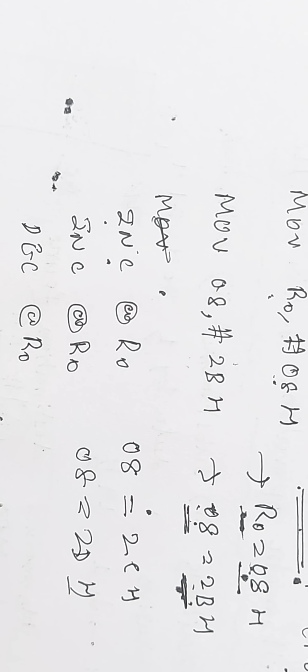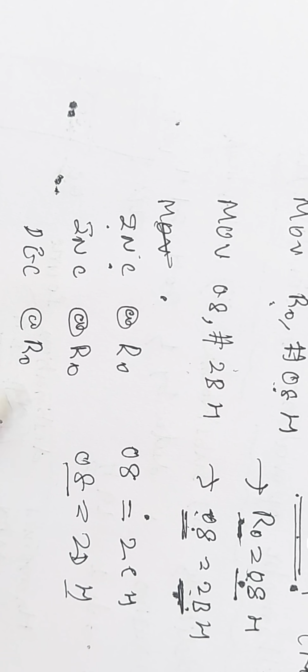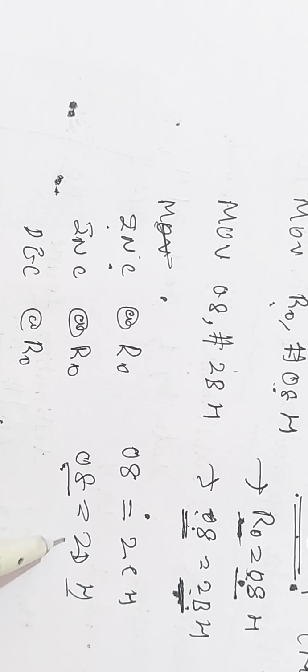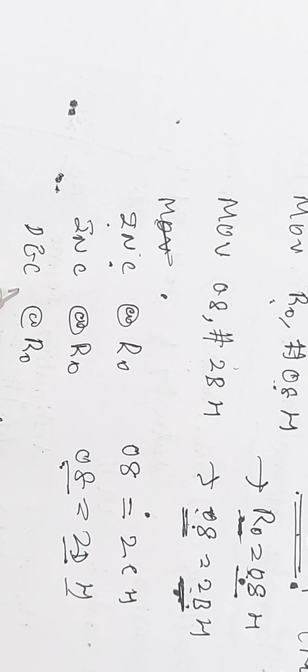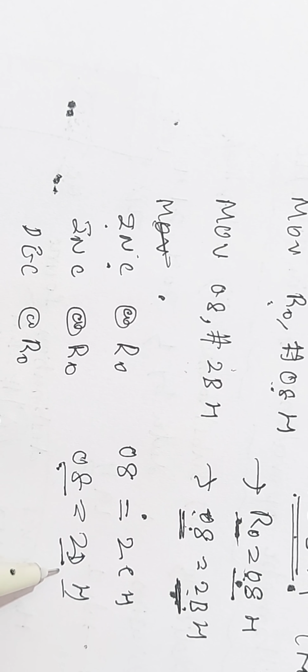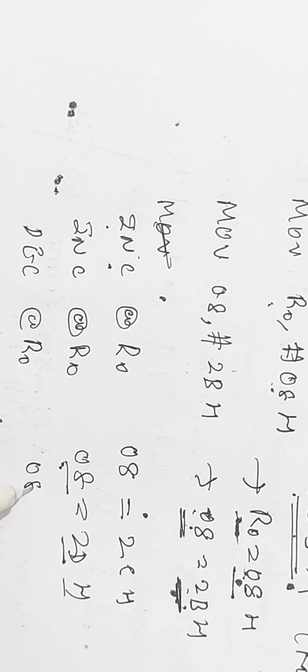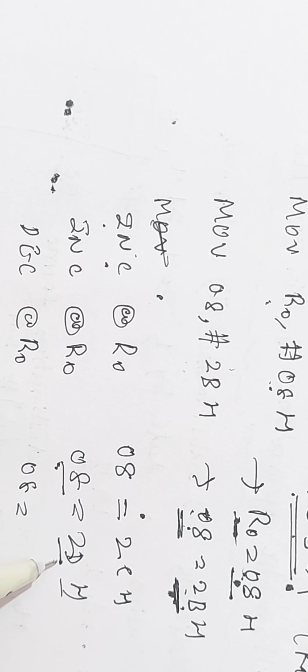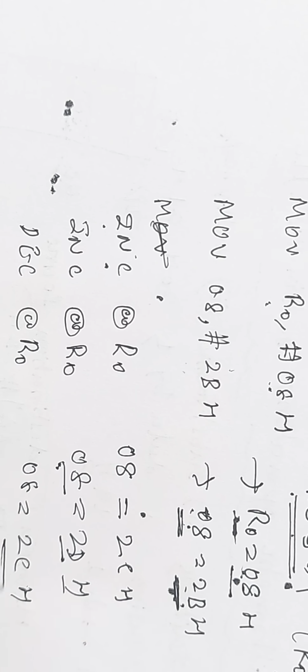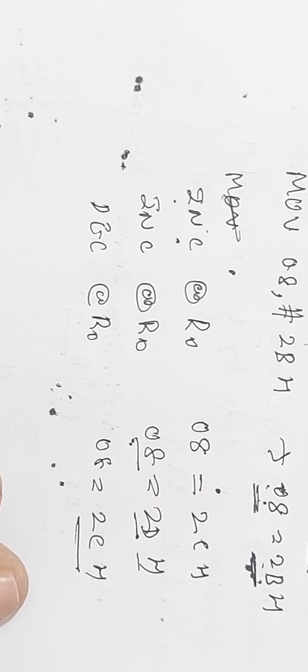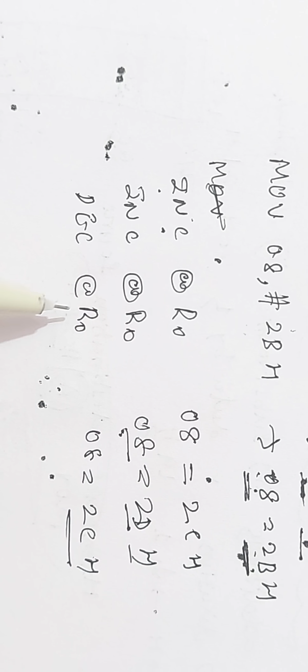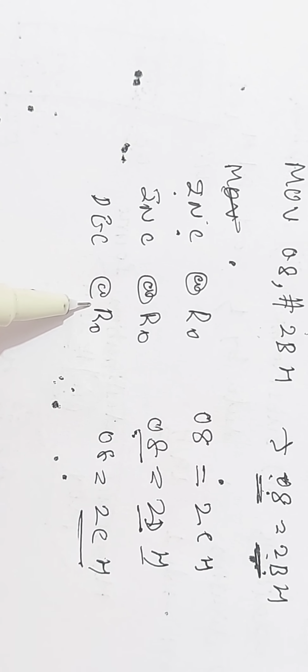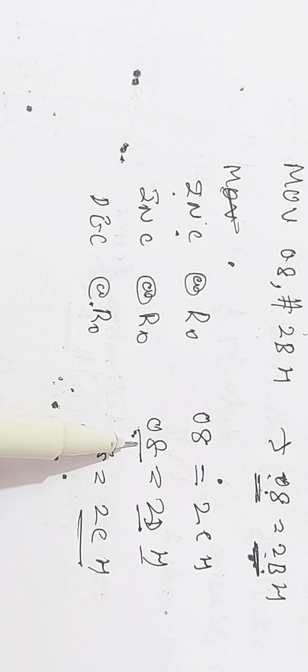Similarly, you can write decrement @R0. What does this mean? 08 is the address of R0. The number contained is 2D. Decrement, therefore, decrease it by 1. Now 08 contains 2D minus 1, which is 2CH. In this way, decrement @R0 means the address of R0 is 08.